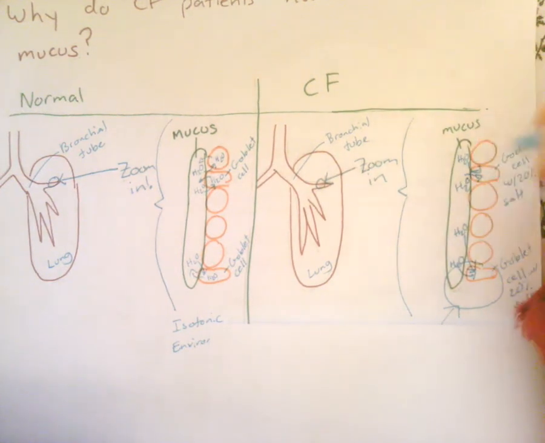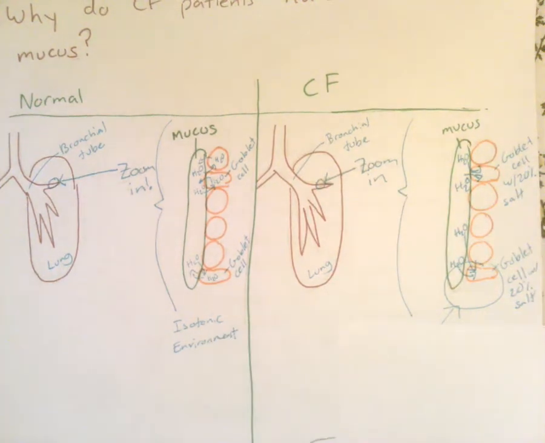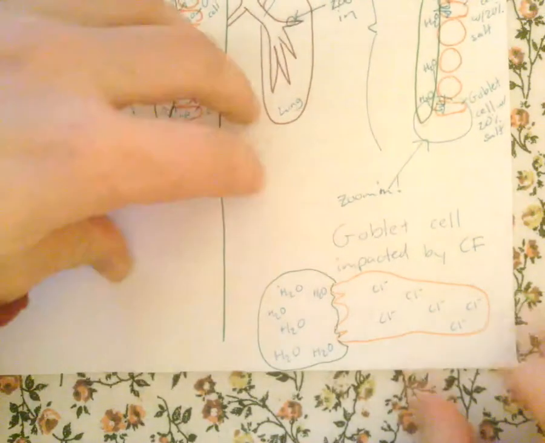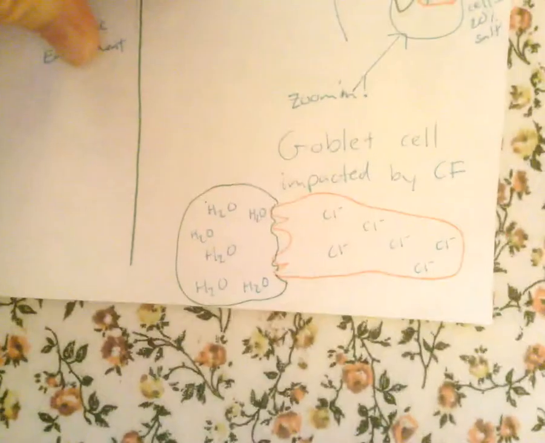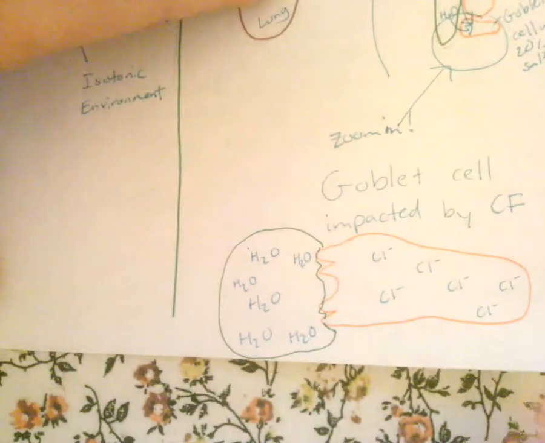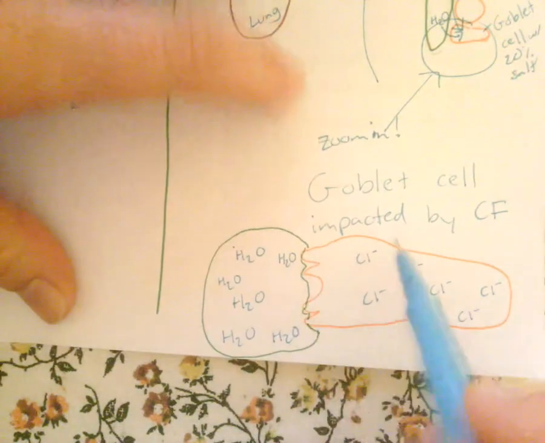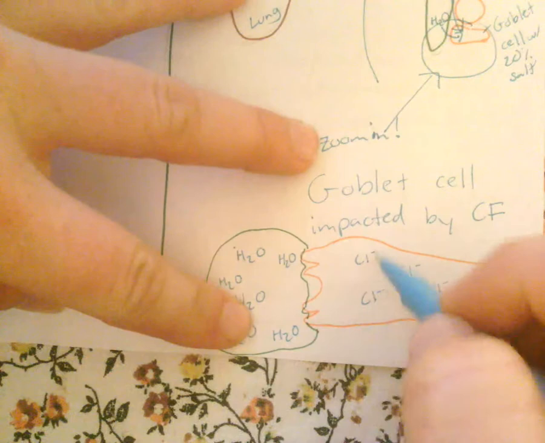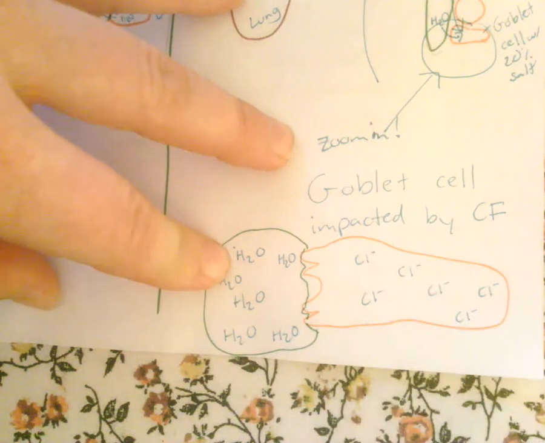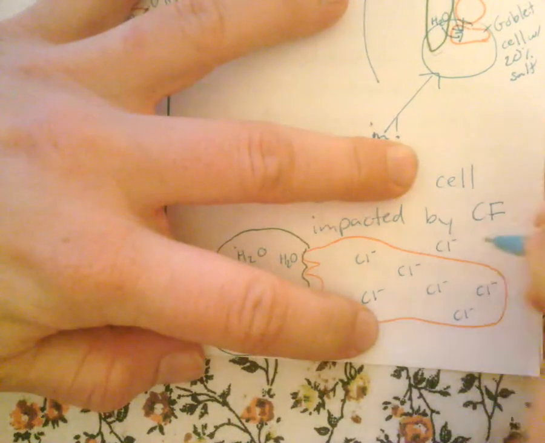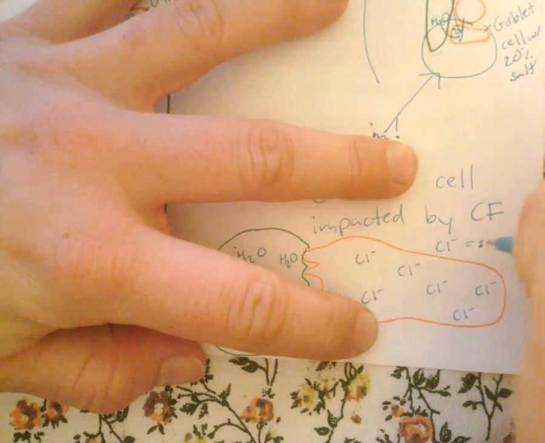So that being the case, our mucus then is going to end up a little bit different. So zoom in again, okay? So zoom in again using some of the things that we looked at in the intro to our lab. So this is supposed to be my goblet cell again, just impacted by CF. I'm seeing those chloride ions. So remember the chloride ions, we've just been calling this salt, and that's fine.